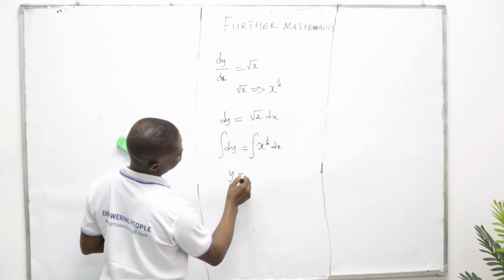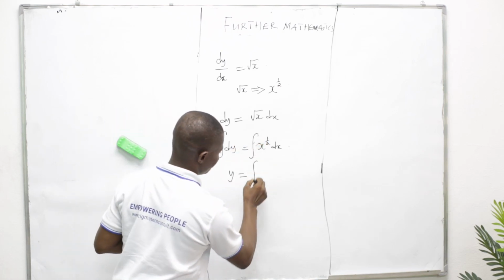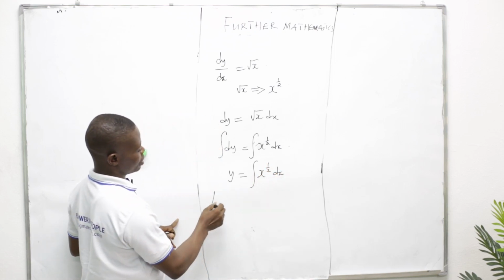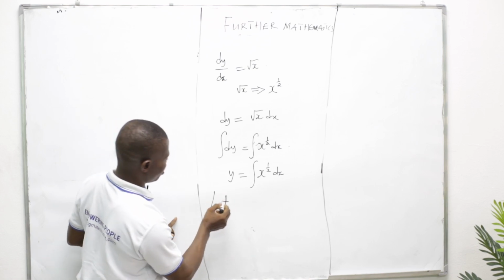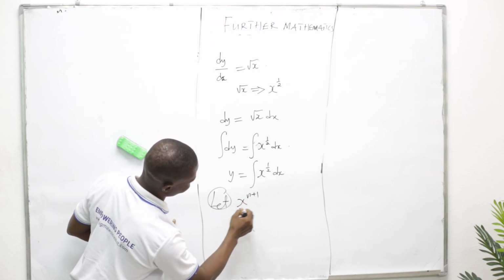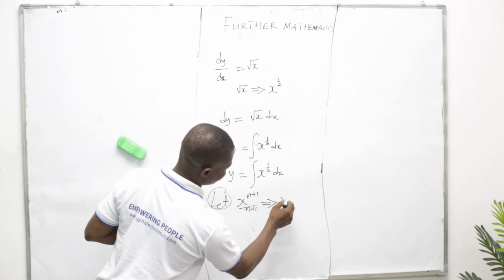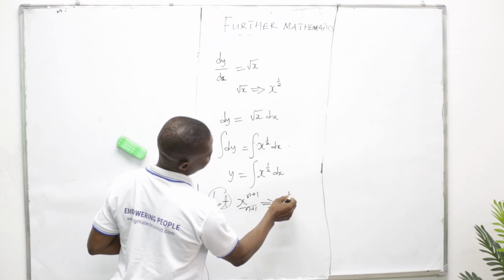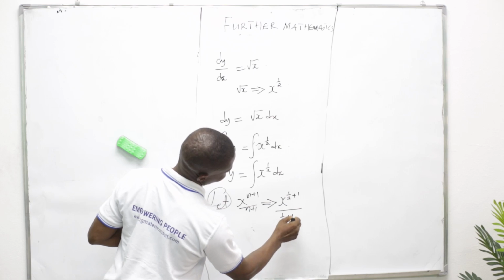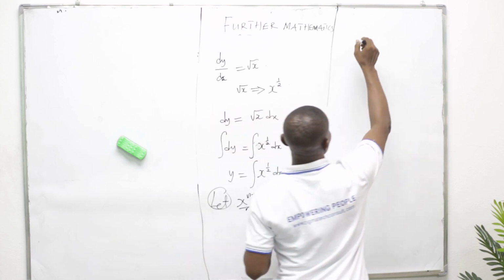So here now, y equals the integral of x power half dx. No need of letting, let's use our formula directly: x power n plus 1 all over n plus 1. What is the n? It's x raised to power half plus 1 divided by half plus 1, plus c. Let's finalize.